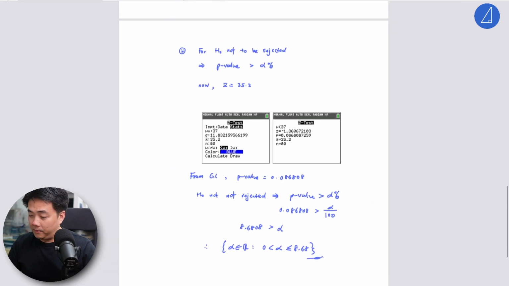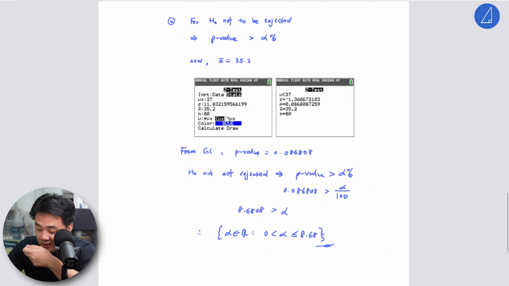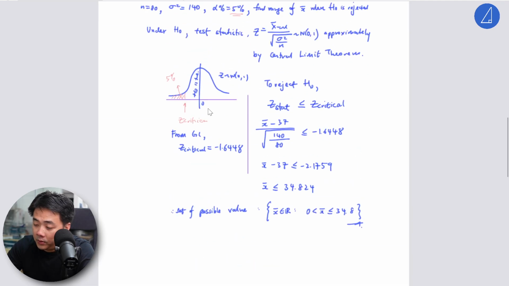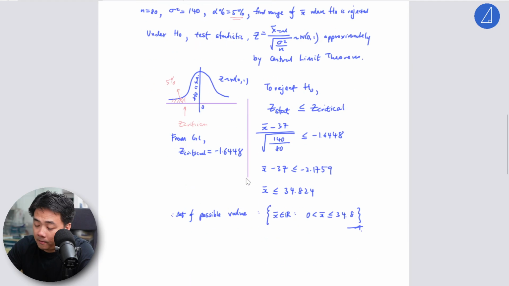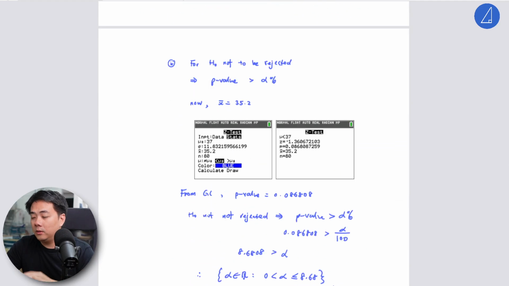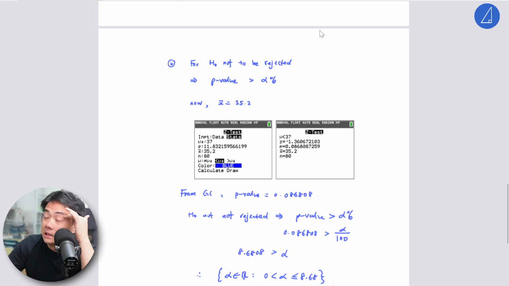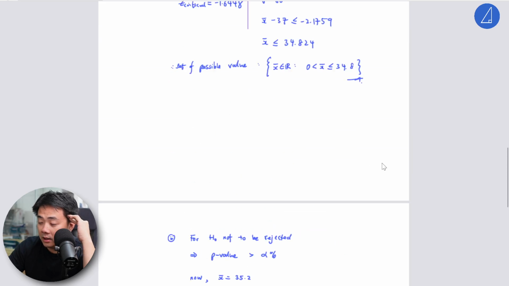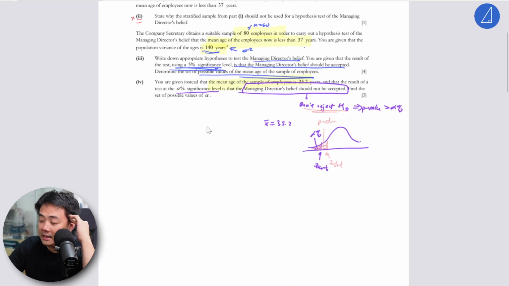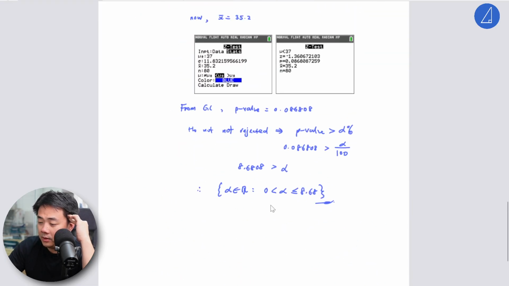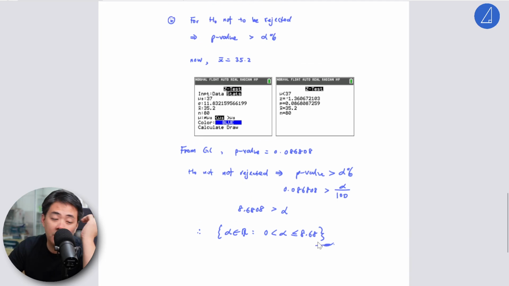Just write that. Ready. So the question is, why do I use the p-value method as opposed to the classical method? No, usually for p-value, I just key into the calculator because it's easier. If you have all the values, it's easier to just calculate the p-value. But you can draw also. You can also find it using the diagram here. But I'm a bit lazy, so I just use the calculator. Usually when it's p-value, I just use the calculator. It's faster. Yeah.